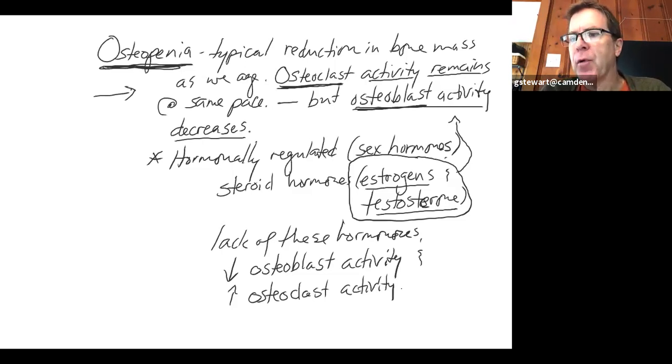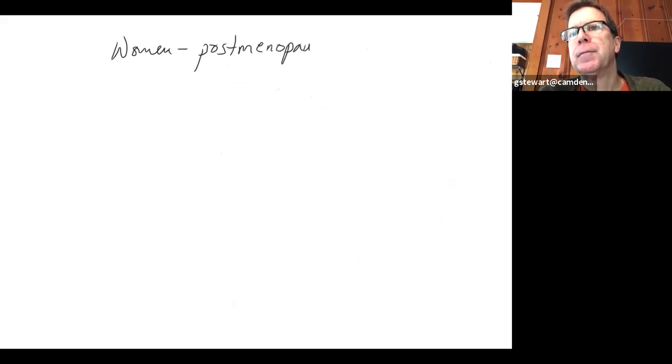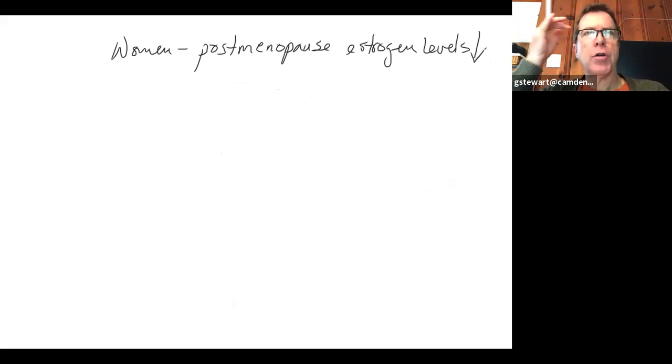Women are at a particular risk because after menopause, so I'm writing post-menopause, estrogen levels really decrease in the body. And so, more so than testosterone levels decrease in males, they both have a decrease in their steroid hormones, but in women, it's just more dramatic.